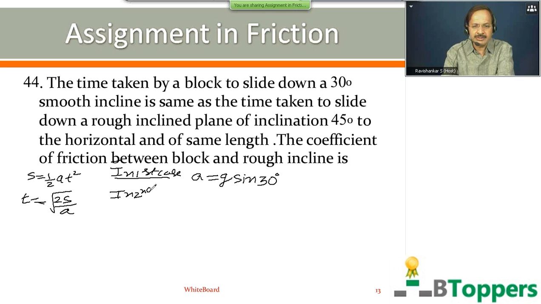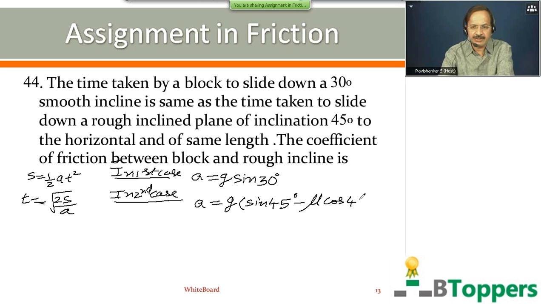In the second case, it is sliding down the rough inclined plane with theta equal to 45 degrees. The acceleration of the block under the action of its weight mg, normal reaction and friction is given by a equal to g into (sin theta minus mu k cos theta).